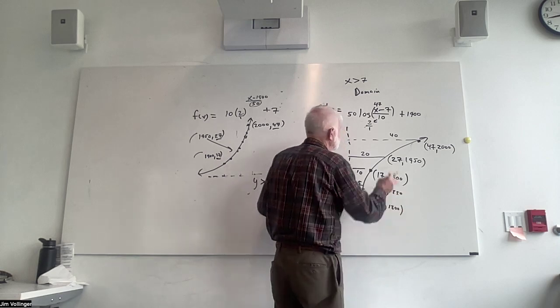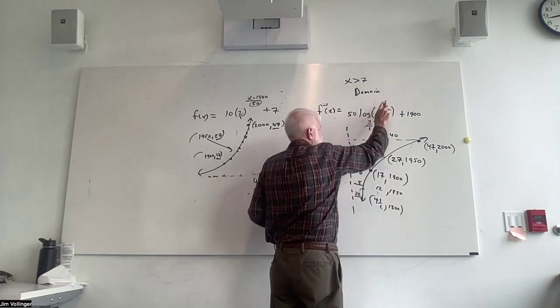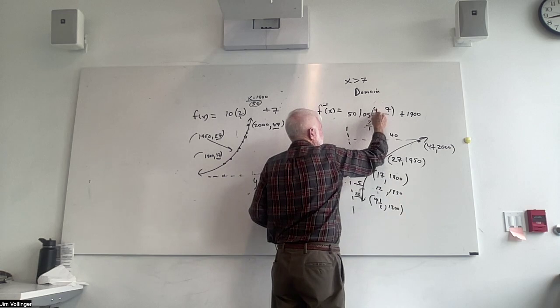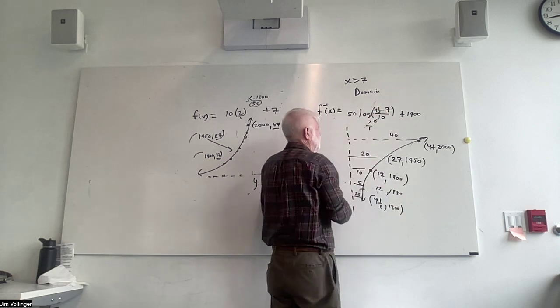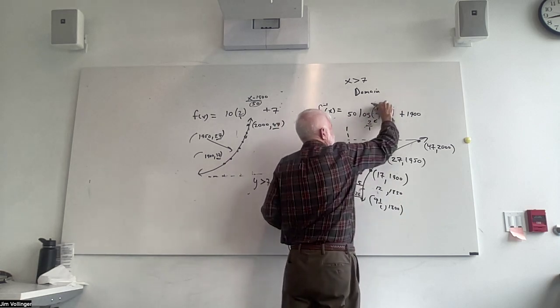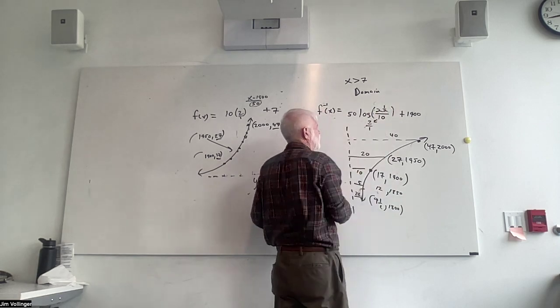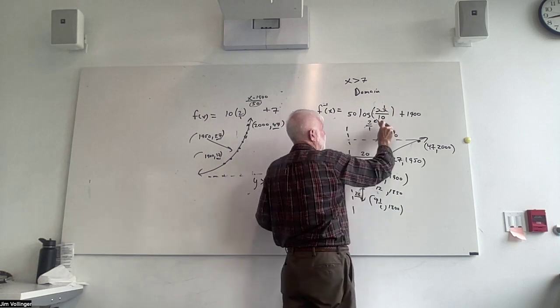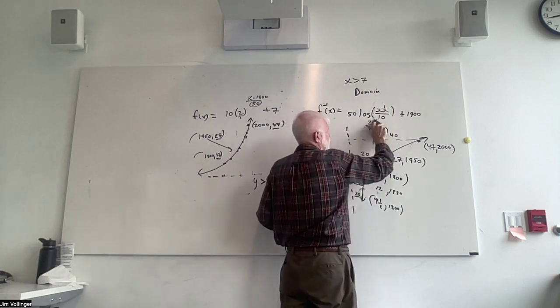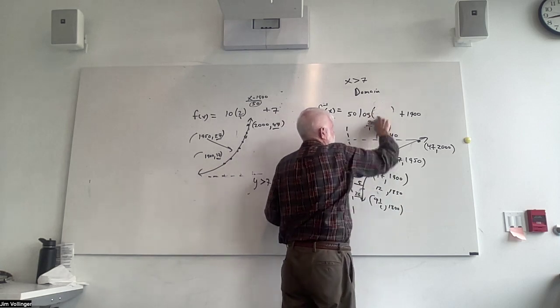And you want to put numbers in to make sure you can see how that's happening. All right, so what's 9.5 minus 7? 2.5. And if I reduce this fraction, 2.5 divided by 10 is 1/4. 4 times that is 10. So let me put a 4th in there.